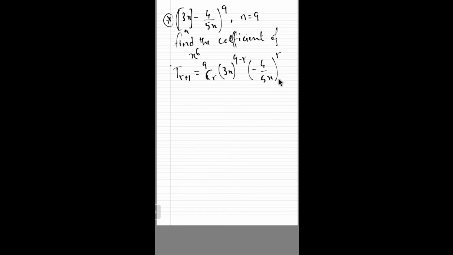Now we have to get all the terms of x in one place. So we can write it like this: nCr 3 to the power 9 minus r and minus 4 by 5 to the power r, and then all the powers of x, like x to the power 9 minus r, then 1 by x to the power r, that means x to the power minus r. So ultimately we get nCr 3 to the power 9 minus r, minus 4 by 5 to the power r, and then x to the power 9 minus 2r.